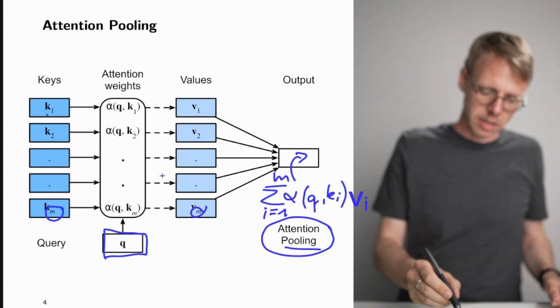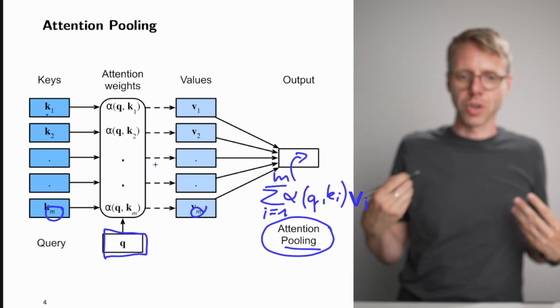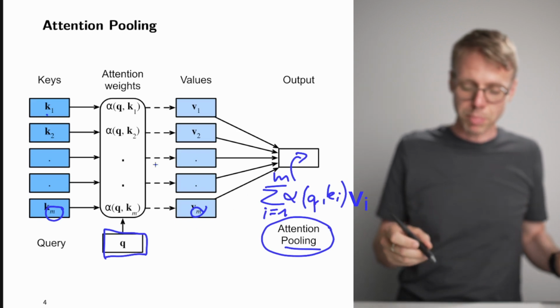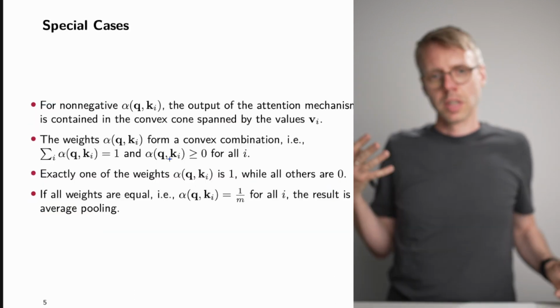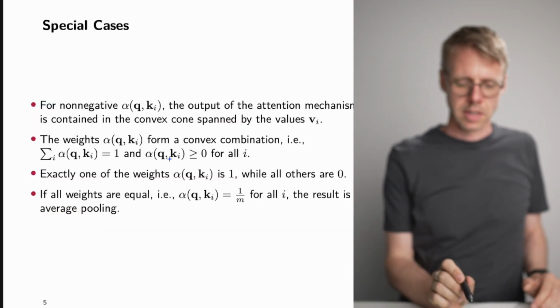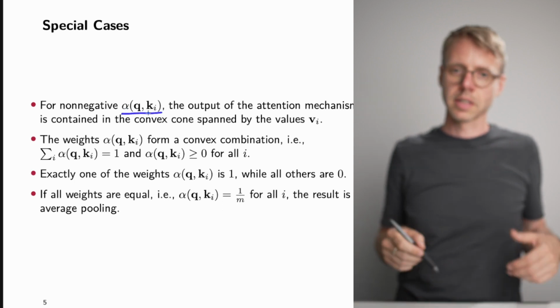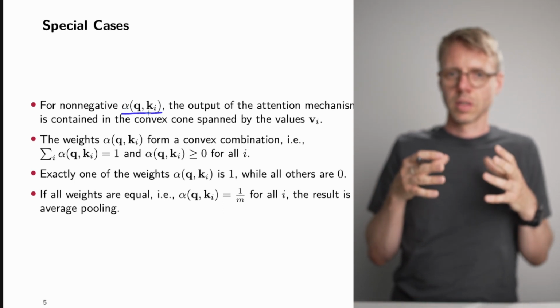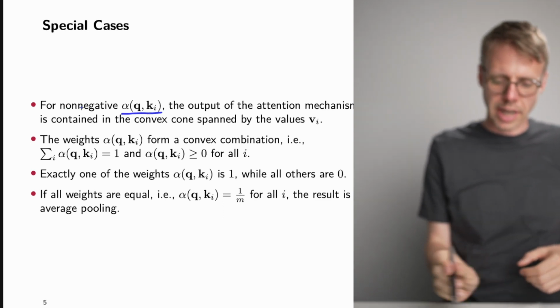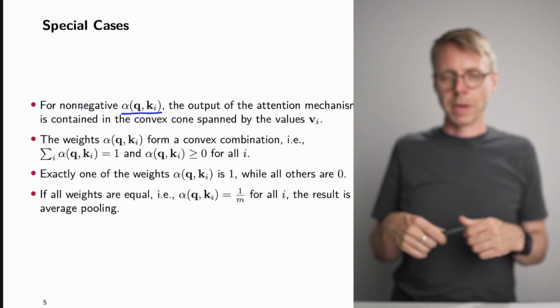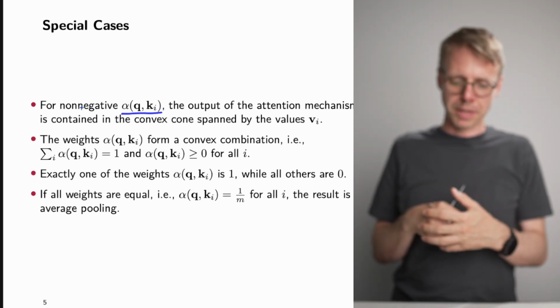But this is a generalization of other pooling operations because it's some form of weighted sum over all of these values. Typically, these functions that produce these attention weights are chosen to be non-negative, no matter what the query or the key would be.